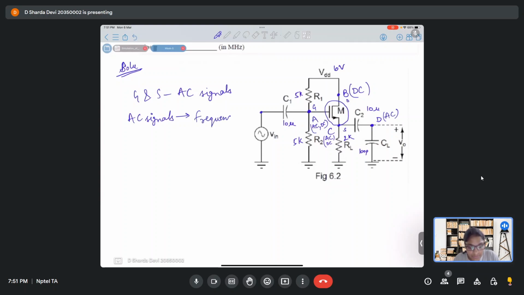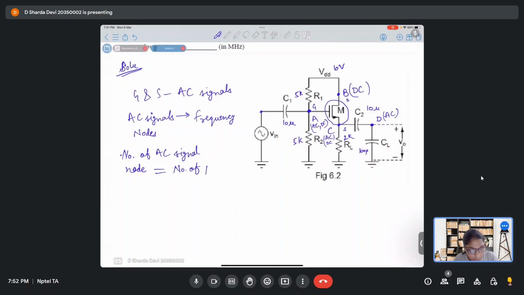The behavior will change with frequency. So the number of AC signal nodes will be equal to the number of poles in the system.